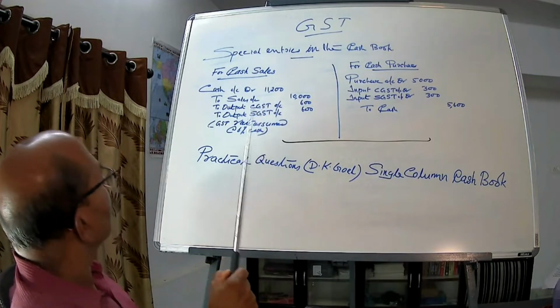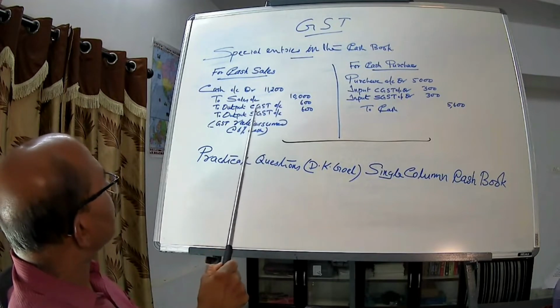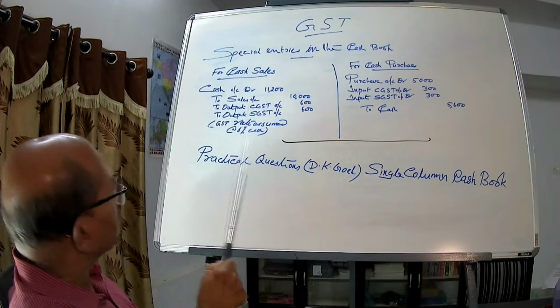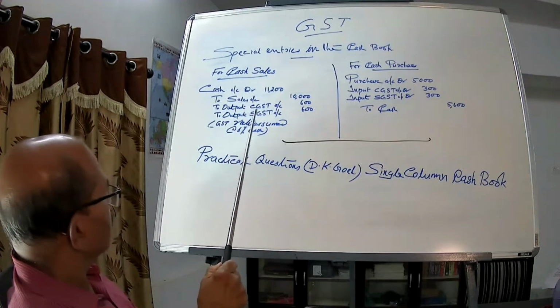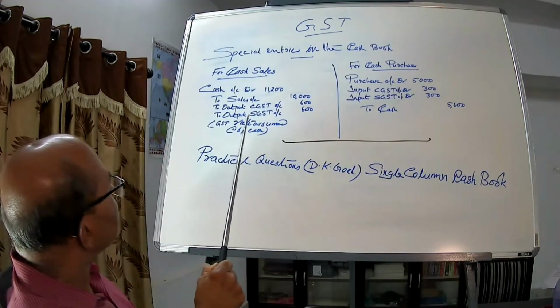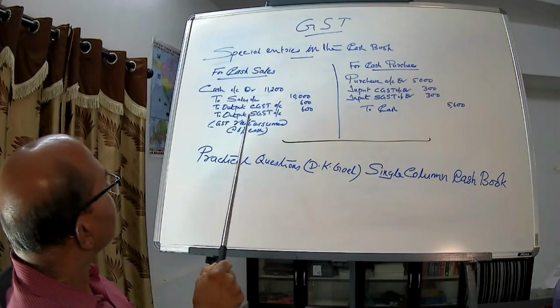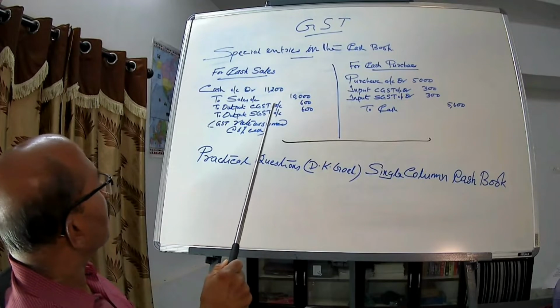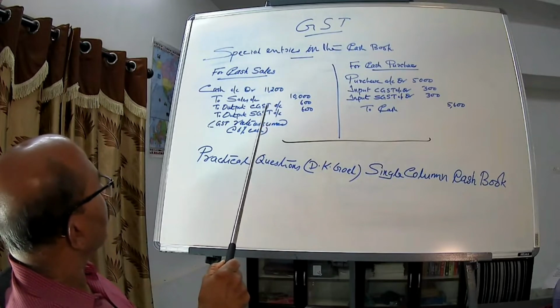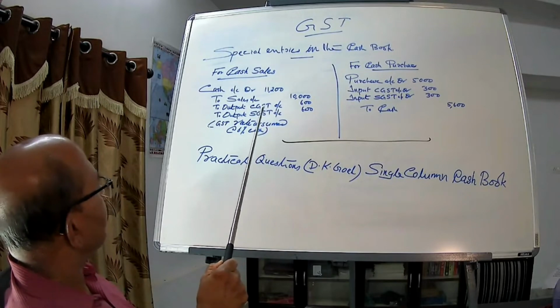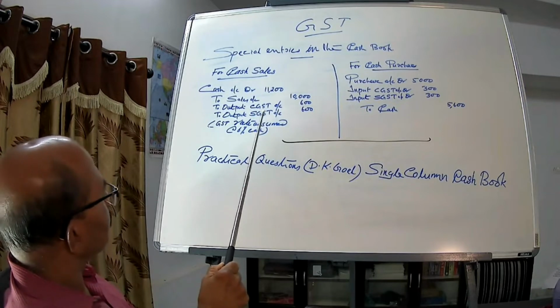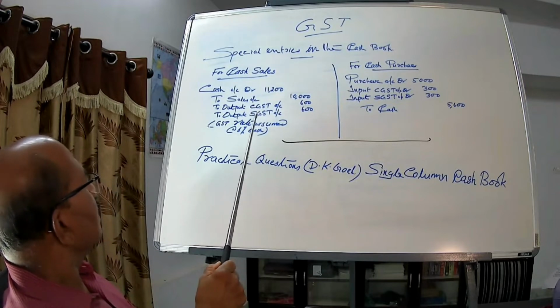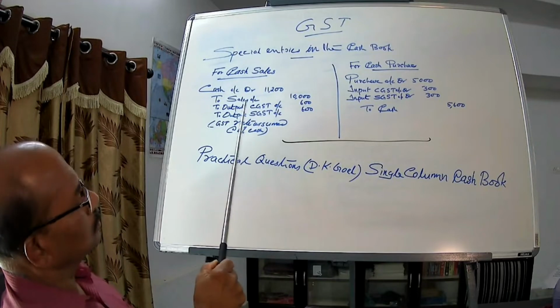Okay. Output CGST means output central GST or central goods and service tax. Output SGST means output state GST. GST tax is bifurcated in respect of the central government as well as the state government. That's why this CGST as well as SGST comes.